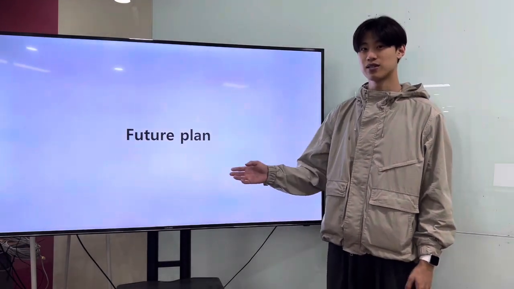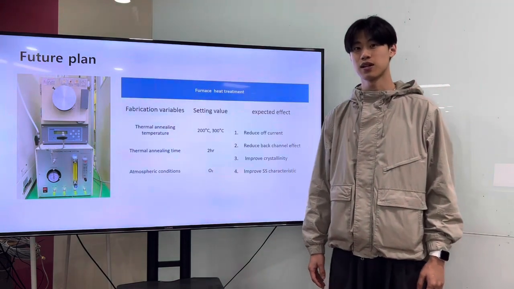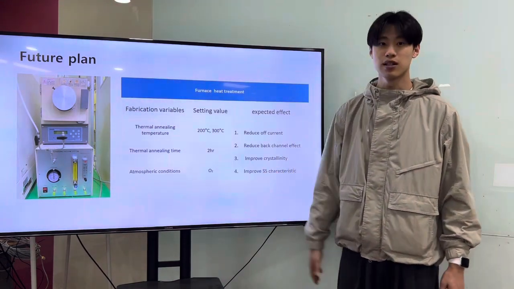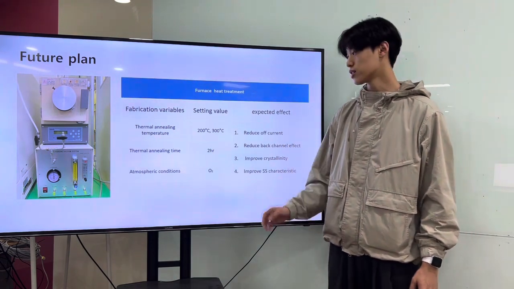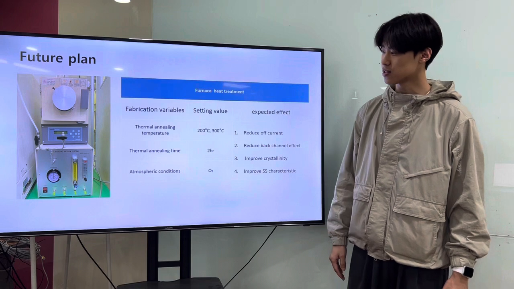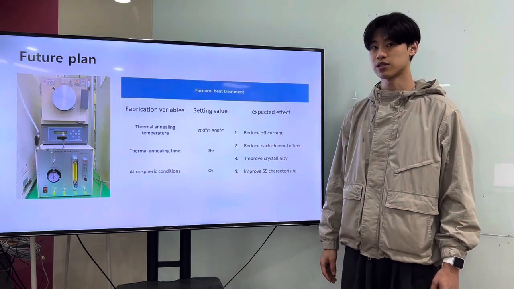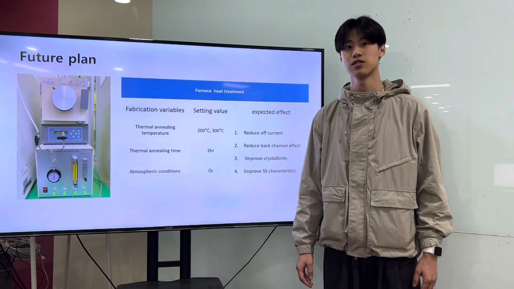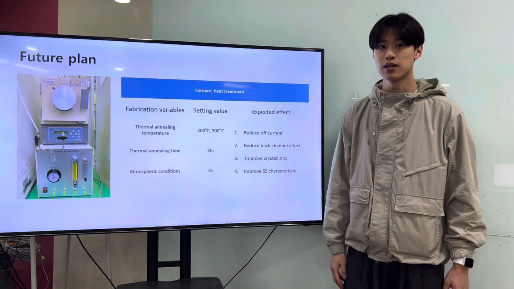I will explain the future plan. The furnace usage plan is as follows. The annealing temperature is set to 200 Celsius and 300 Celsius. The annealing time is fixed at 2 hours. Atmospheric conditions will be created in an O2 atmosphere.